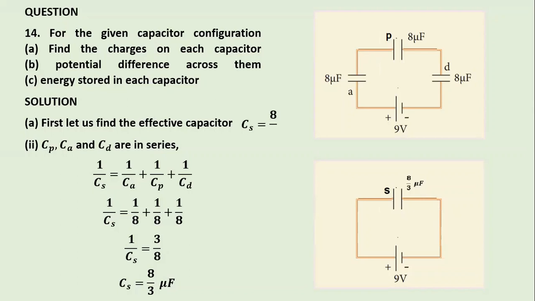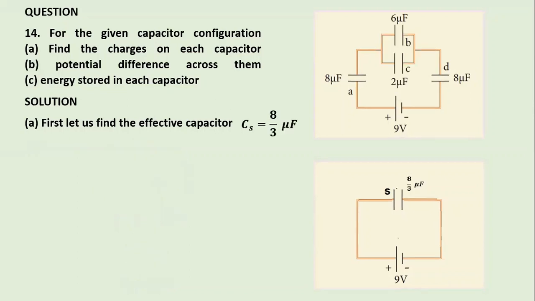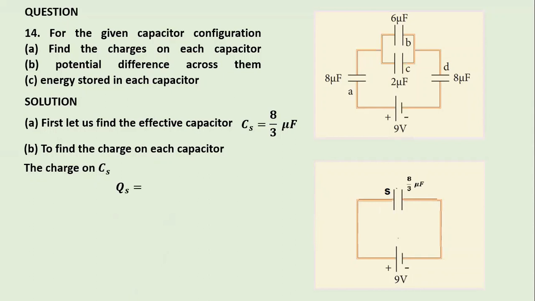Let us now find the charge on this capacitor Cs. The charge on Cs, Qs, equals CsV. Substituting the value of Cs, that is 8 by 3 into 10 power minus 6, and the voltage across Cs is 9 volt. So 3 cancels the 9, and we get Qs equal to 24 microcoulomb. This 24 microcoulomb will be on the other capacitors in series as well.